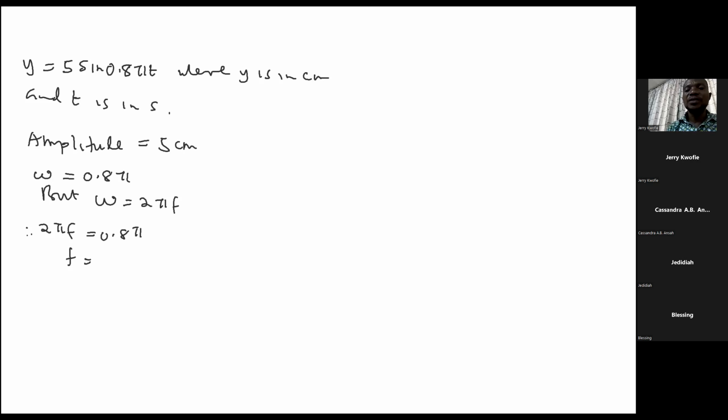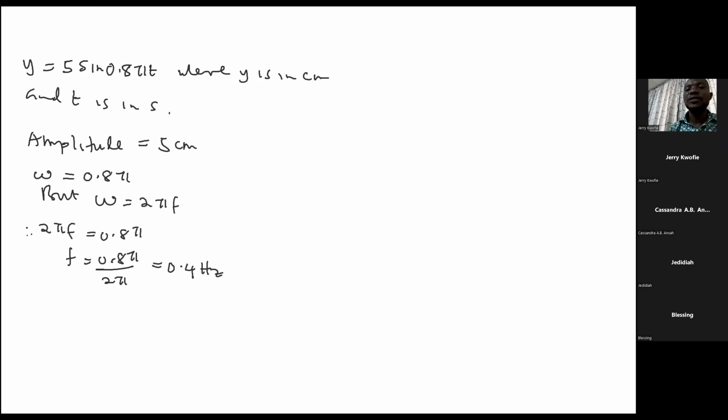It is 0.8 pi over 2 pi. Jedediah, if you simplify that, what will you get? 0.4 hertz. So that's the frequency.